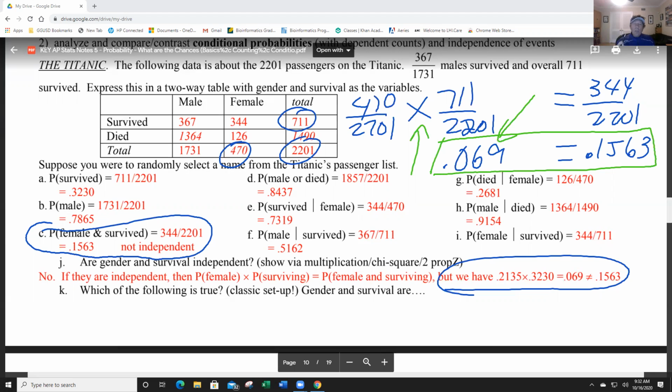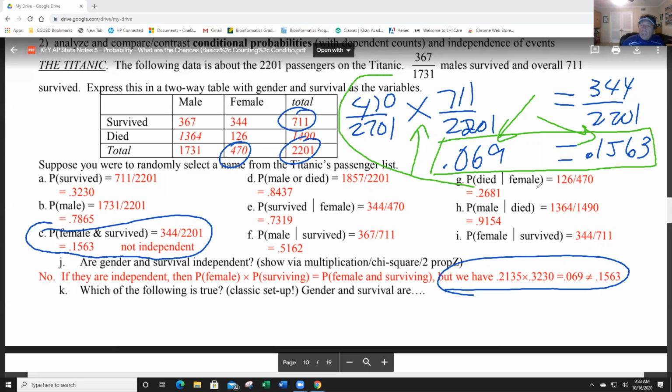But we know it wasn't. The chances were actually around 16%. That is almost double, probably around double. That's amazing, okay? So you doubled your chances of surviving if you were a female in this particular situation. And that shows you that these events were not independent.